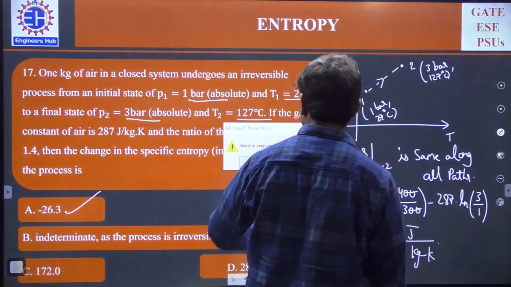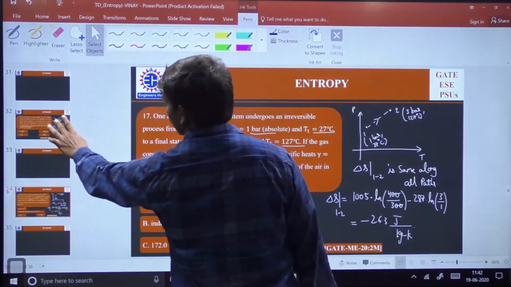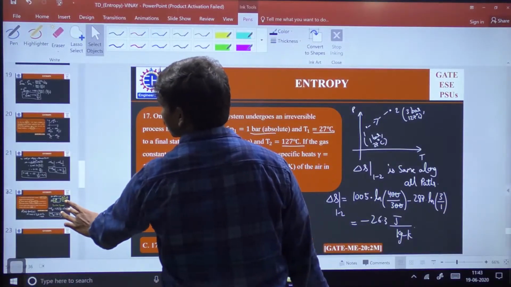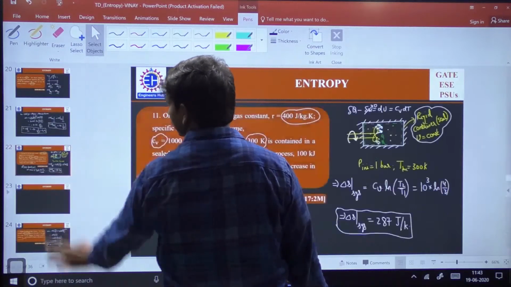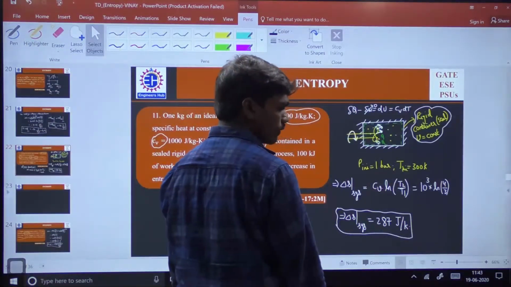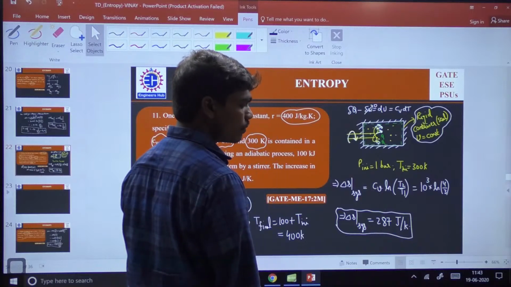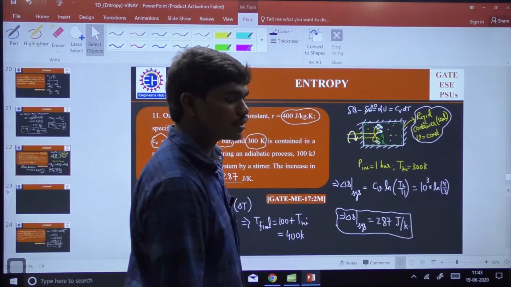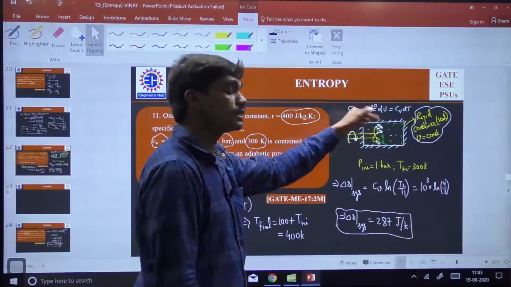Let me check. What is this 11th question? Yeah, this is the 11th question. Okay. In the 11th question, it is given adiabatic. If we apply the adiabatic condition between volume and temperature, then we will get the same temperature. No, we don't get it, because the process is irreversible.